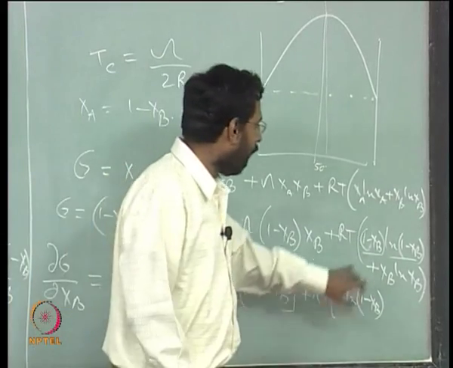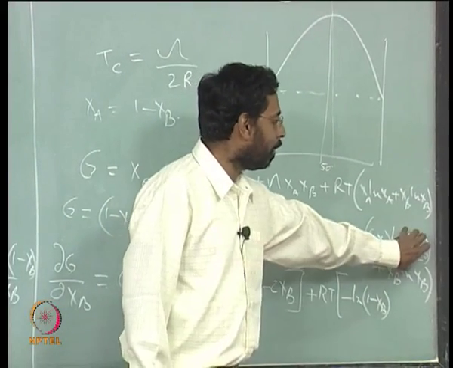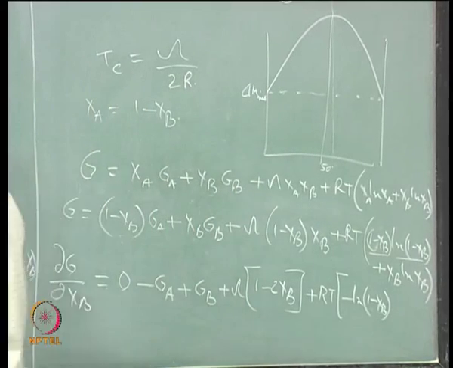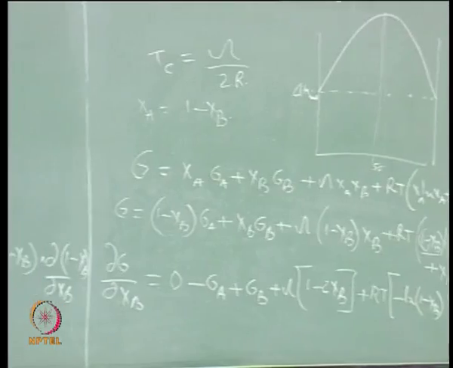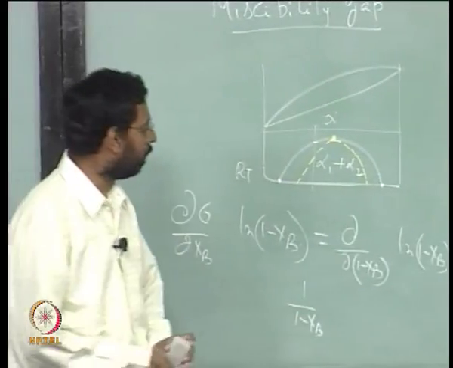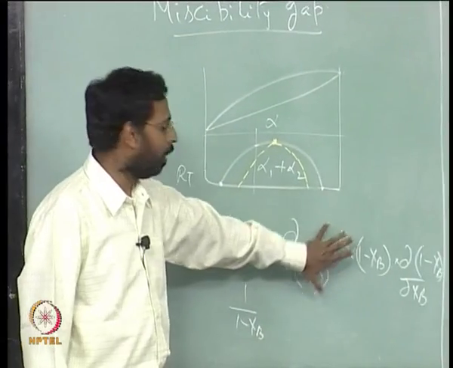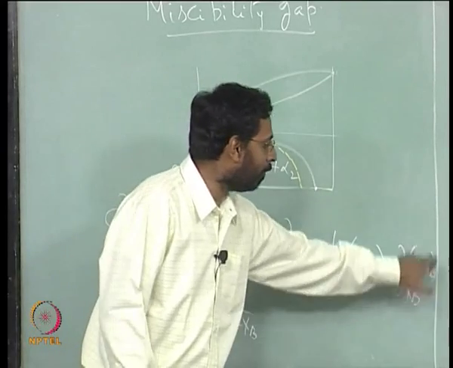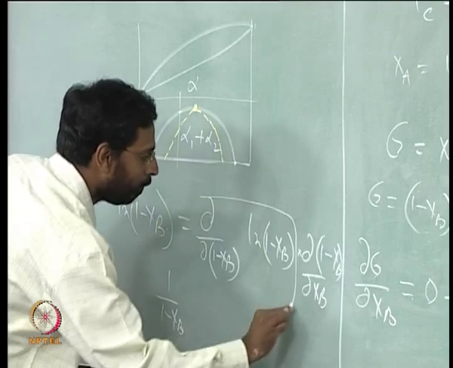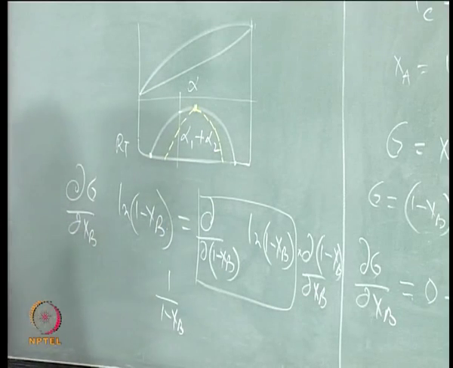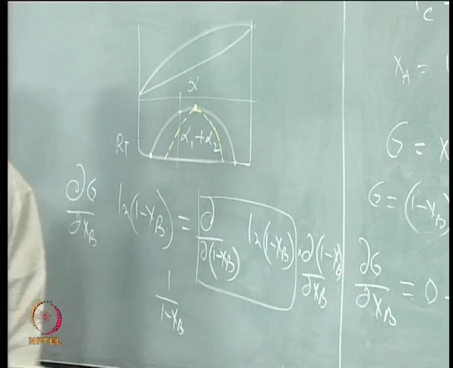And then I keep this and take the derivative of that, which is 1 by 1 minus xb, and the derivative of the inner part is minus 1.